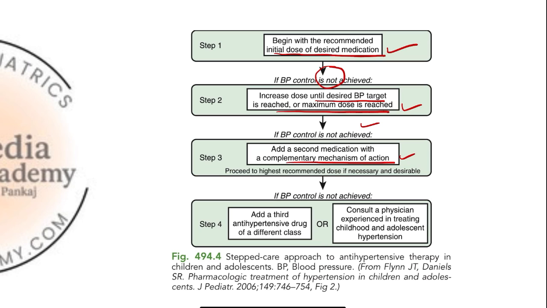And if BP control is still not achieved, add a third antihypertensive drug of a different class and consult a physician in CVS. So this is the algorithm. They can ask anything out of this algorithm. This is a simple looking algorithm, but you have to remember this.